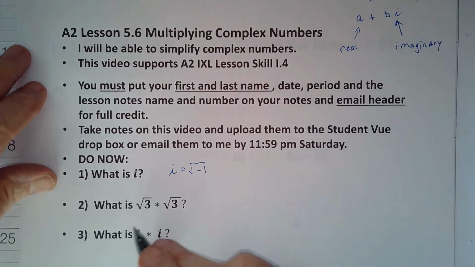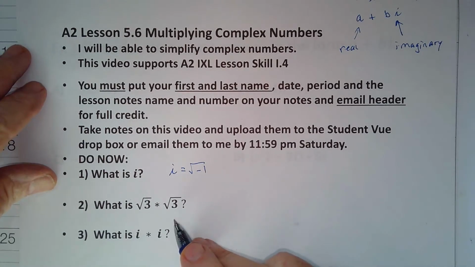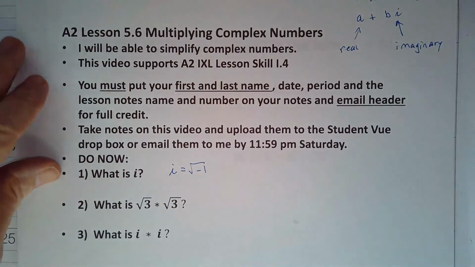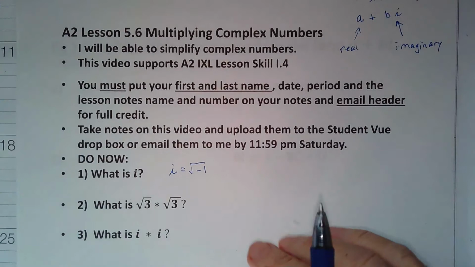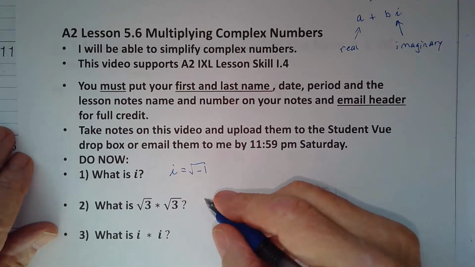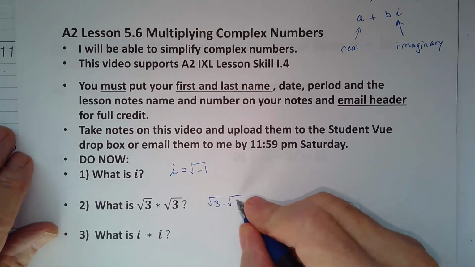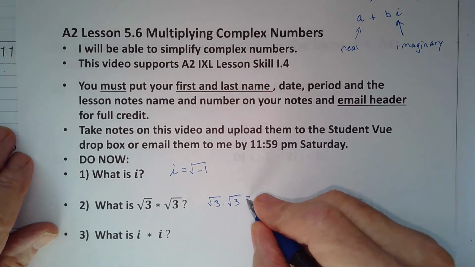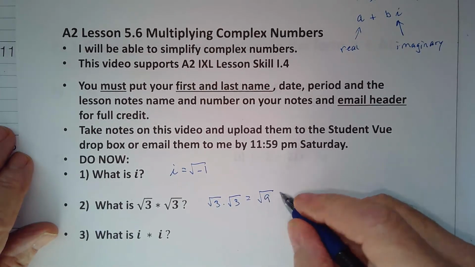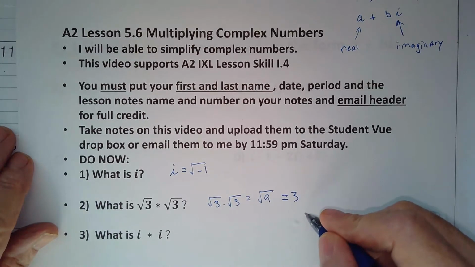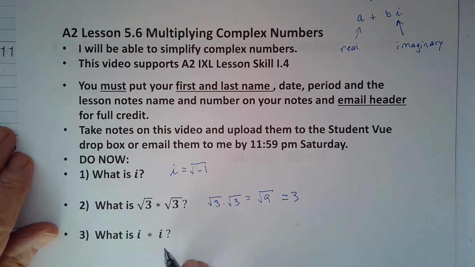Now, what is the square root of 3 times the square root of 3? When we simplify that, we're writing out square root of 3 times the square root of 3, and that equals the square root of 9, which we know actually equals 3. Now, what's i times i?